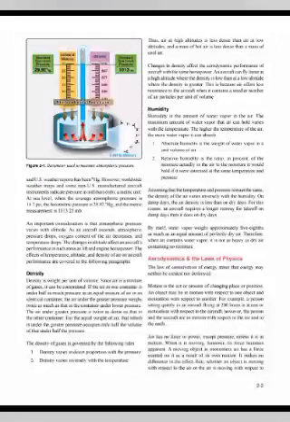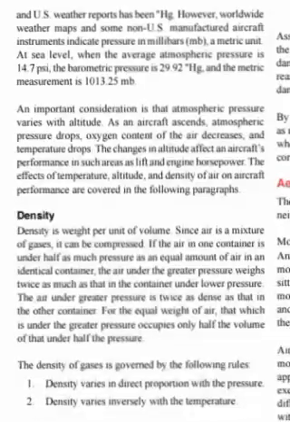However, worldwide, weather maps and some non-U.S. manufactured aircraft instruments indicate pressure in millibars, MB, a metric unit. At sea level, when the average atmospheric pressure is 14.7 psi, the barometric pressure is 29.92 inches mercury, and the metric measurement is 1013.25 millibars.